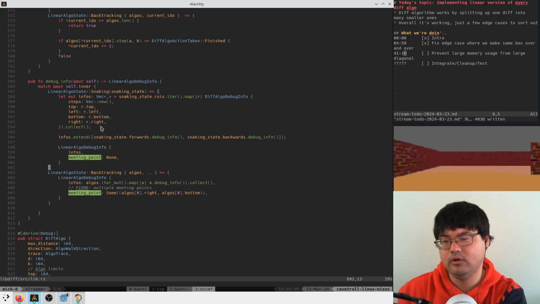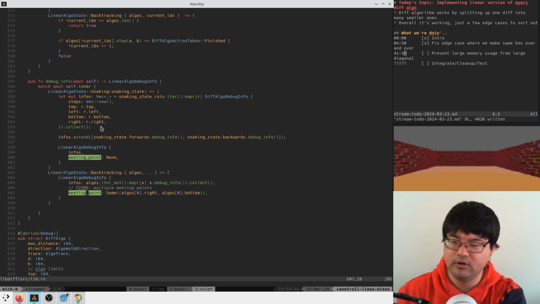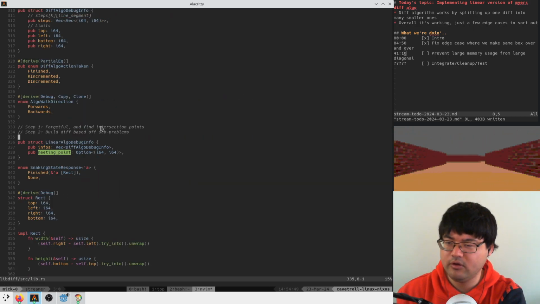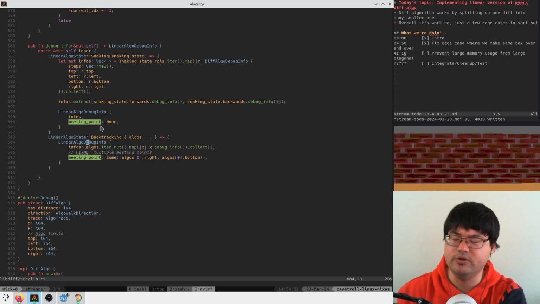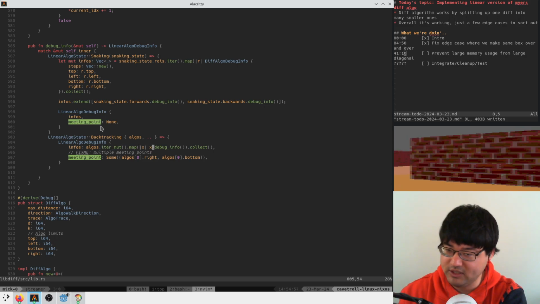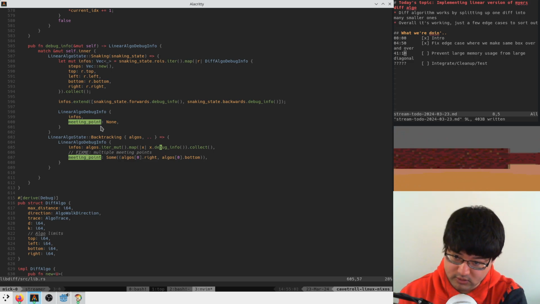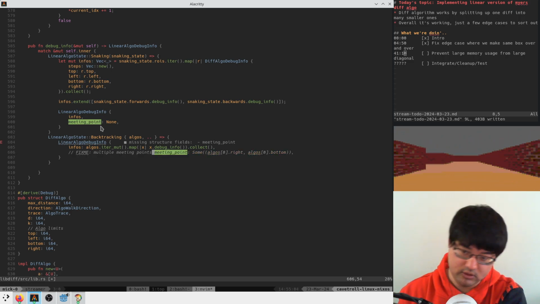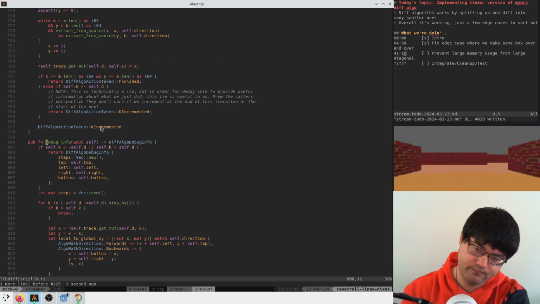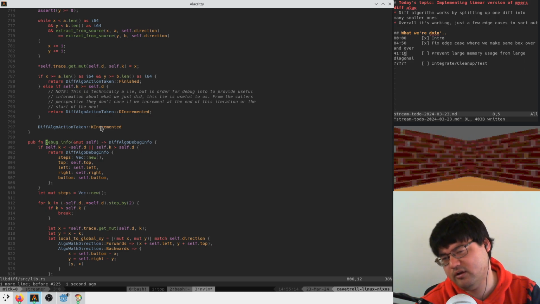We construct meeting points? Is this what we're using? So when we're backtracking, we get the debug info for each section individually. I see. Which is maybe fine. Maybe not.